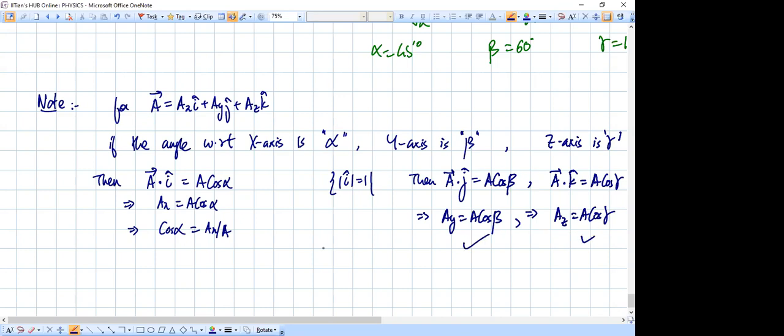So the concept of direction cosine is like this.